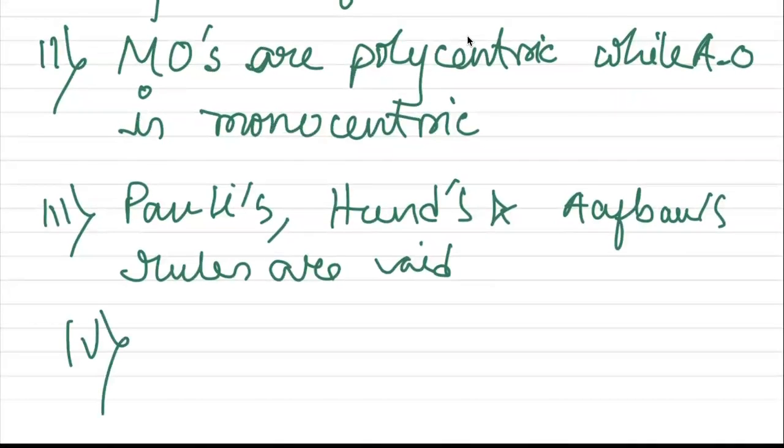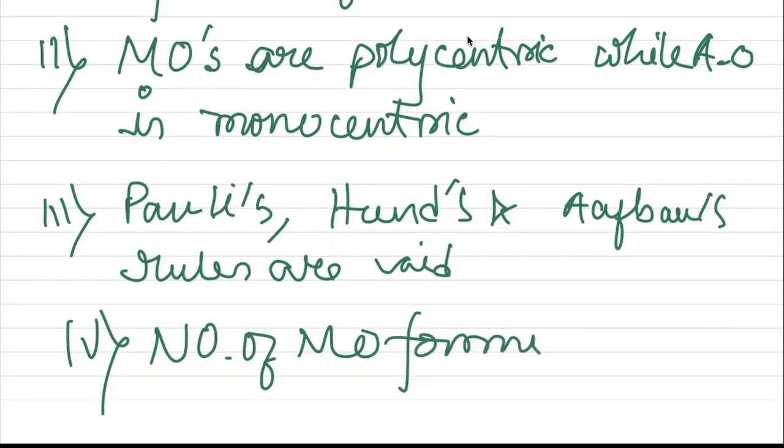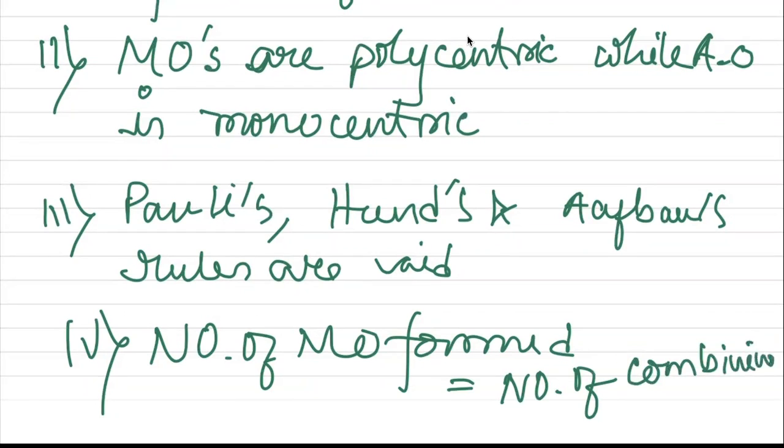And the next thing is that the number of MOs formed, that is the number of molecular orbitals formed, is equal to the number of combining atomic orbitals.